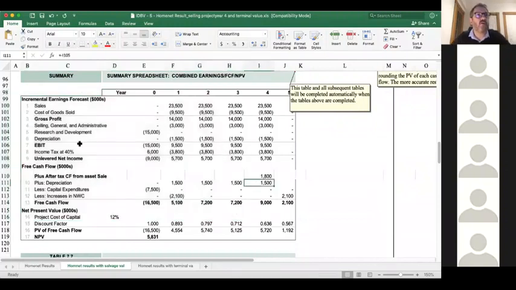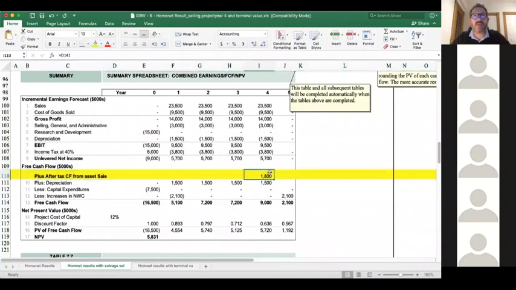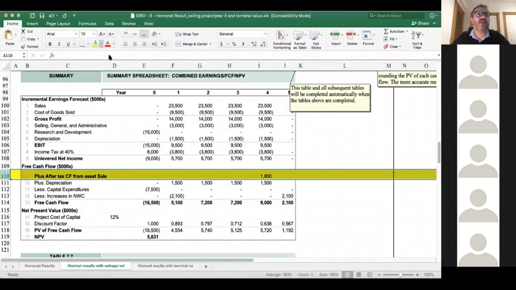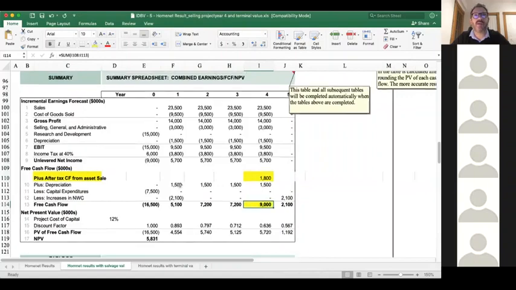And so what is new in this version is that I added a line that I called plus after-tax cash flow from asset sale. And so I have 1,800. Maybe I'm not going to fill that, I'm just going to fill this so it's more clear. So now the cash flow is 9,000 here.